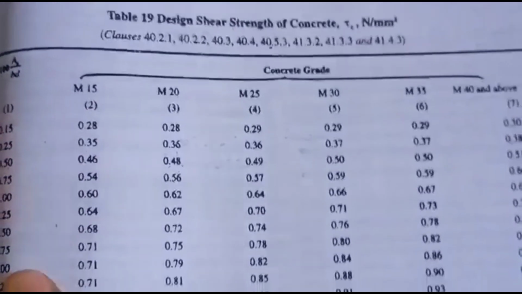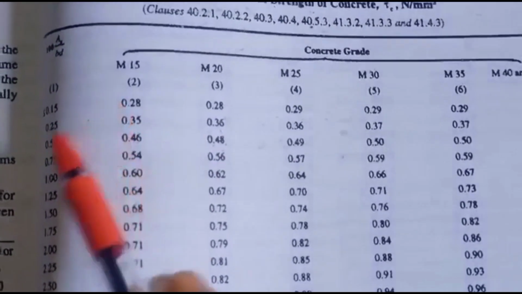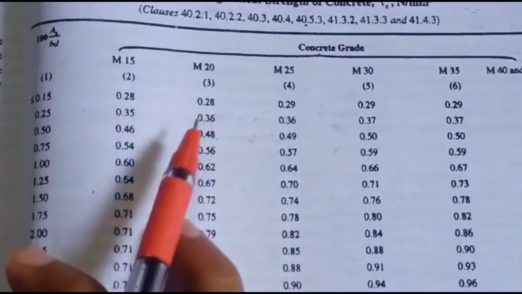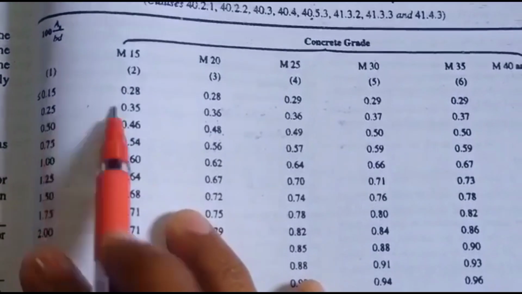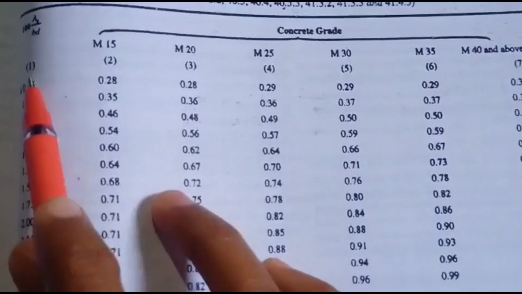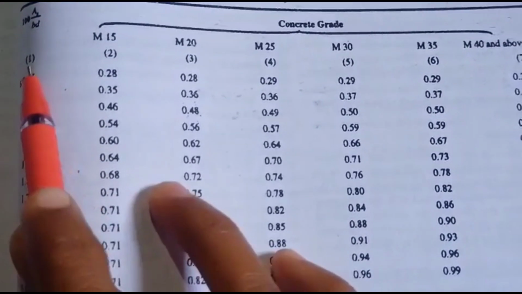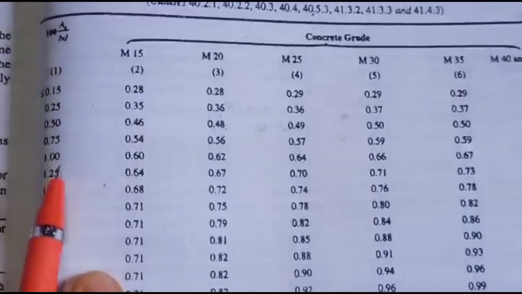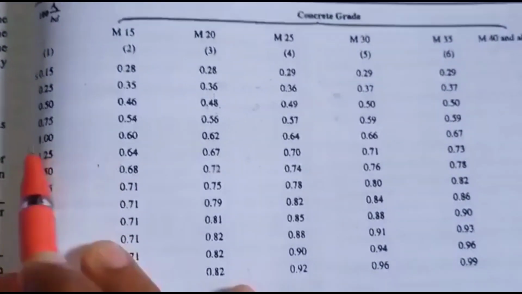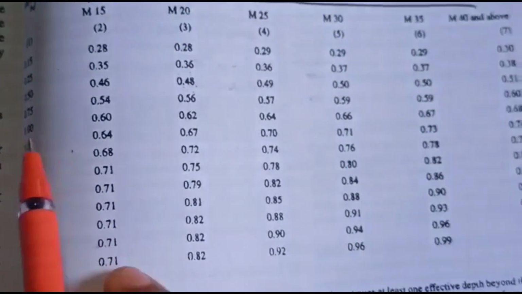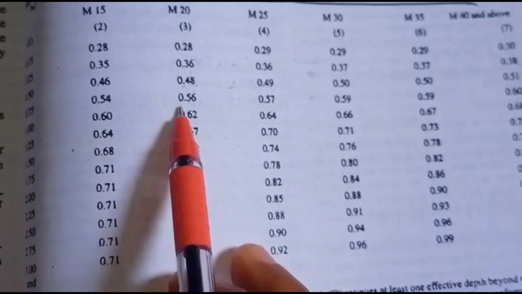Why we need to calculate the percentage of tension steel reinforcement is because this column has the value of percentage of tension steel reinforcement, that is PT. So by using PT value and our grade of concrete, we'll calculate the tau c value.